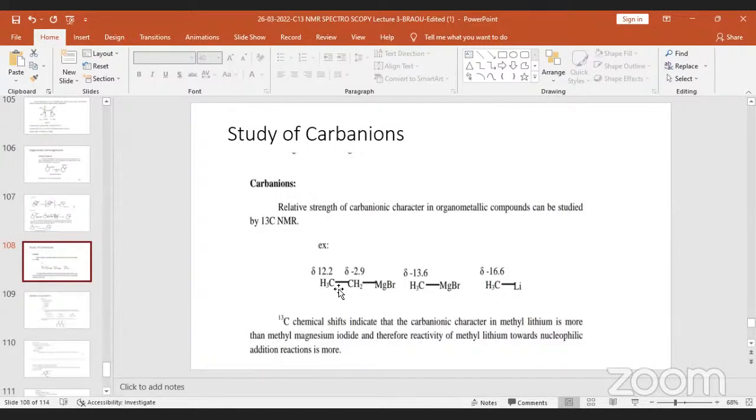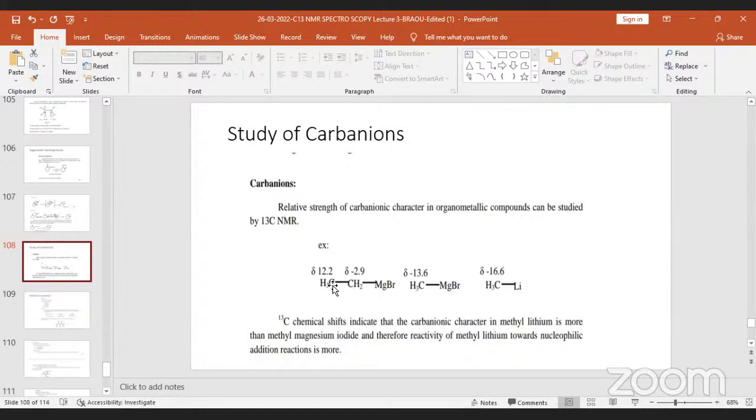You see, with ethyl magnesium bromide, this is attached to magnesium bromide, MgBr, so carbanion character is there, that is, the electron density is more. Actually, this is obtained from ethyl bromide. In ethyl bromide, the CH3 will not have a negative value. It will have a positive value only because of the attachment of bromine. But when ethyl magnesium bromide is formed, that is the Grignard reagent, it has more carbanion character, therefore an upfield shift is observed.